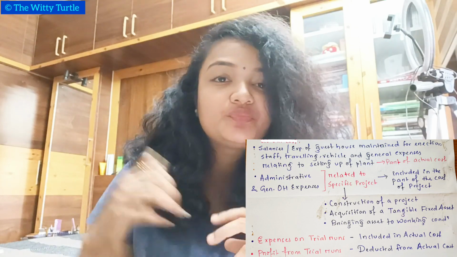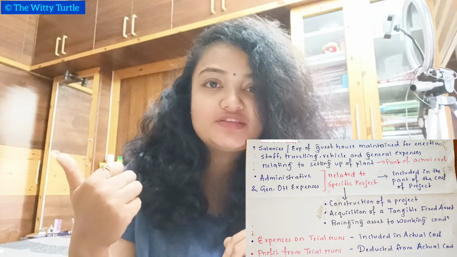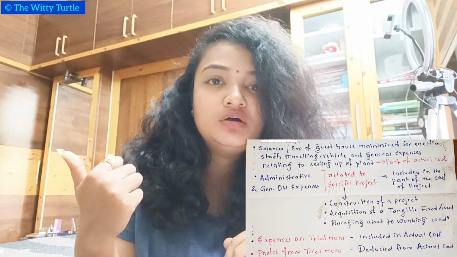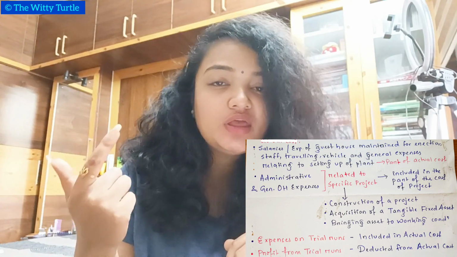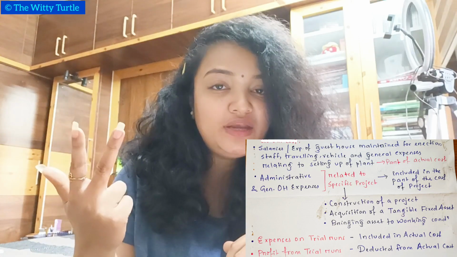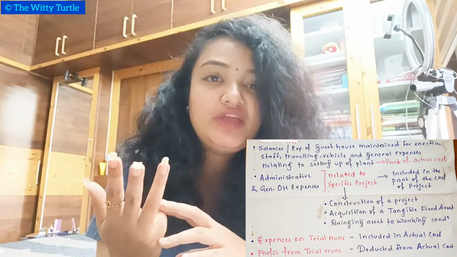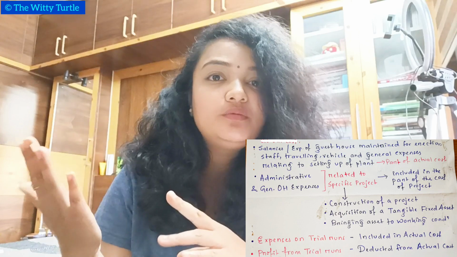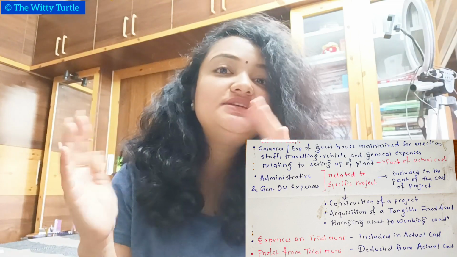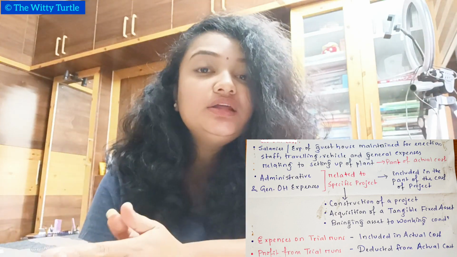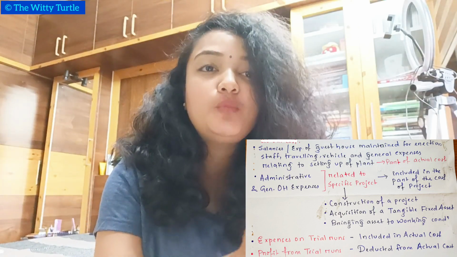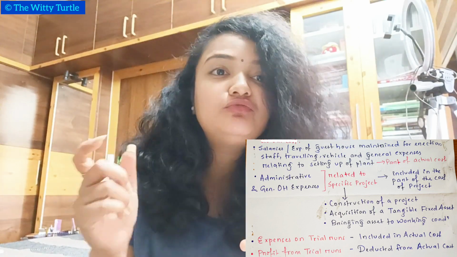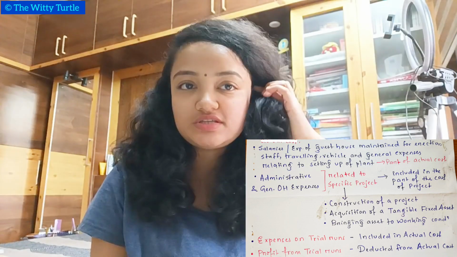It includes salaries, expenses incurred for maintenance of guest house, traveling expenditure, vehicle expenditure, and lastly your other general expenses. All these things, if incurred in connection to setting up of a plant, will form a part of your actual cost, right.